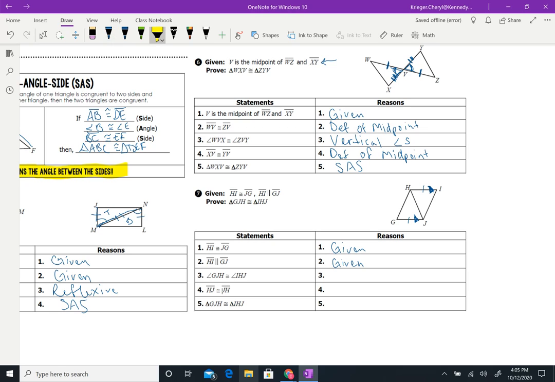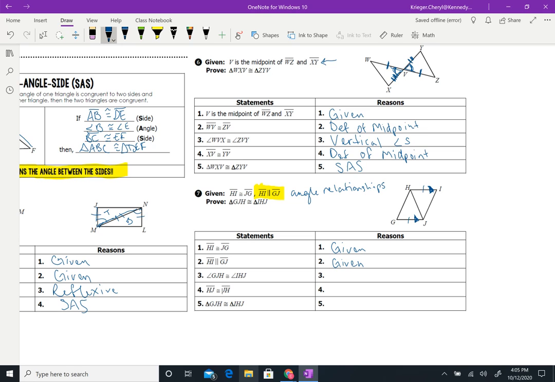I want you guys to think of what happens when you have parallel lines. It needs to be like a mantra: anytime you have parallel lines, you have angle relationships. Your angle relationships are corresponding, alternate interior, alternate exterior, and so on.